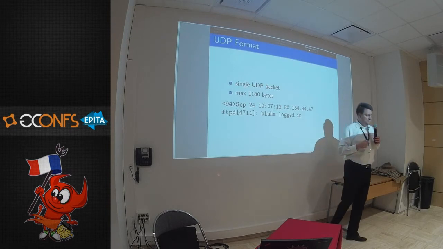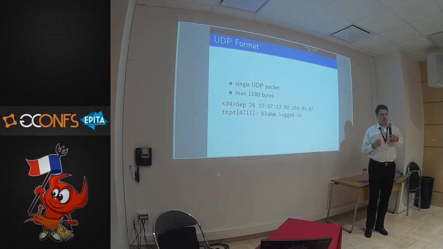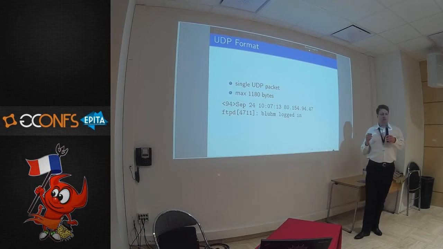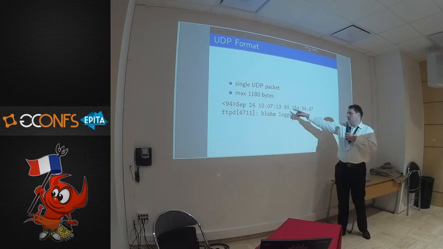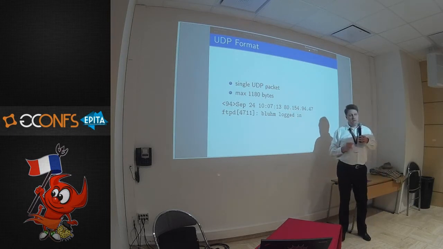The RFC is called BSD syslog format, but our syslog doesn't have the host name. So I don't know which BSD syslog they refer to. We have an option, Marcus I think added it, where we can say -h to add this host name or IP address to every message.